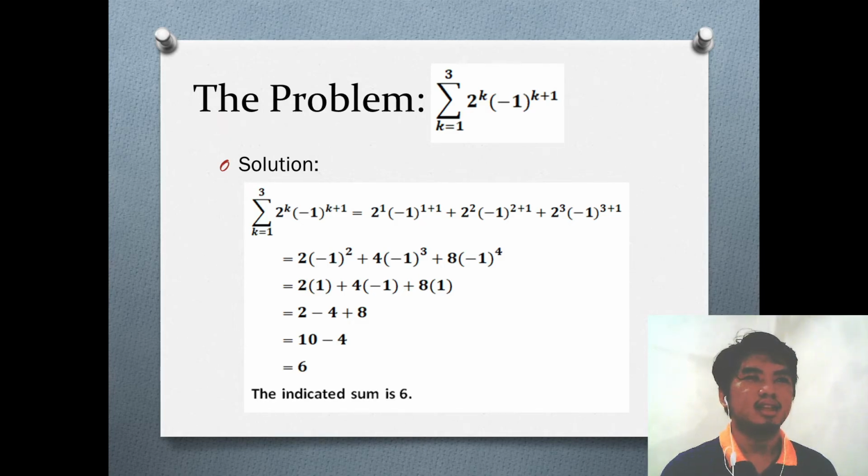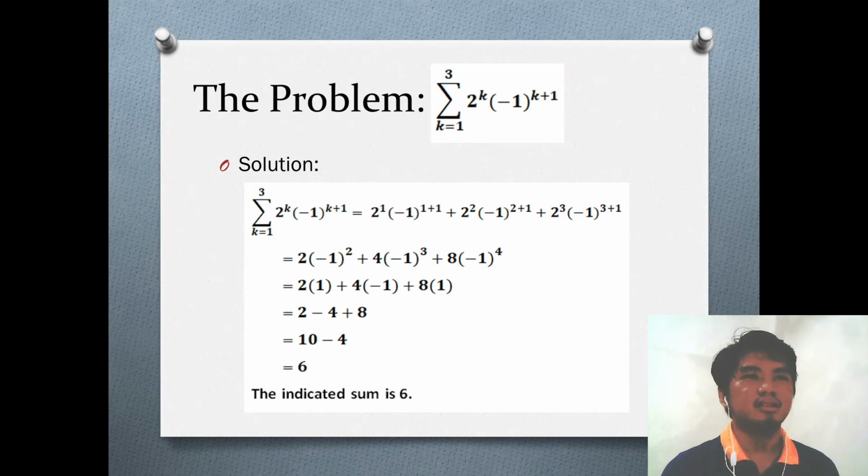So next step is multiply. So 2 times 1 is 2, 4 times negative 1 is negative 4, because unlike signs, we multiply the negative to the positive, it will come to negative.